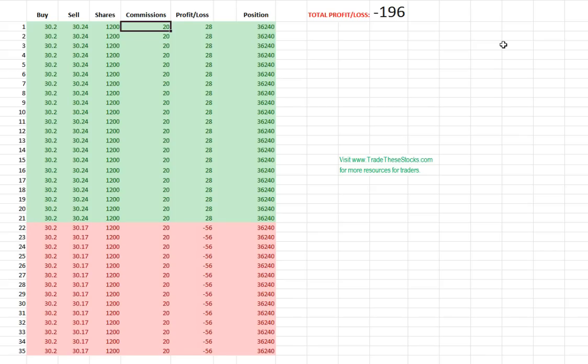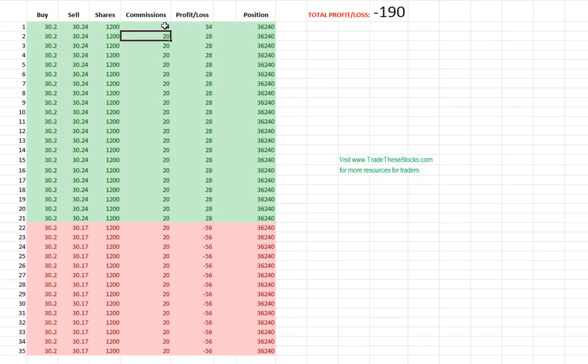But let's say you switch to Scottrade. Not that I'm trying to promote them. There are brokers out there that are much cheaper than them. But let's say Scottrade is $7 each way, so $14 round trip. Okay, so remember, this person was down by $200, $196.